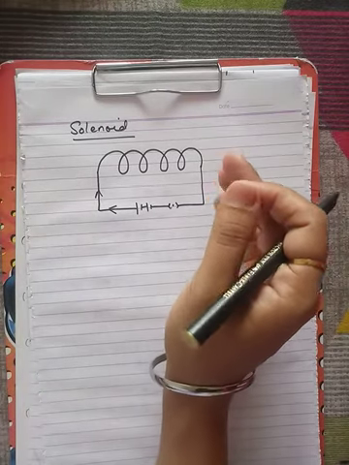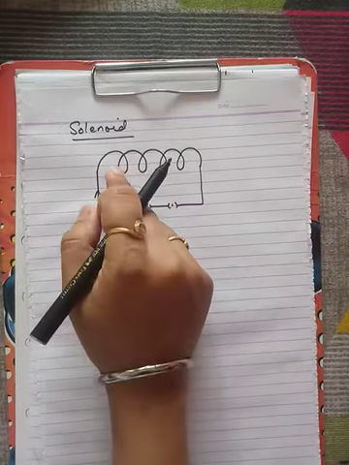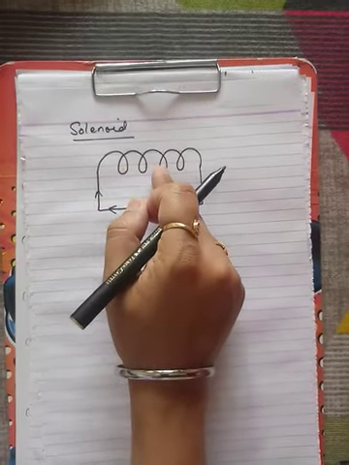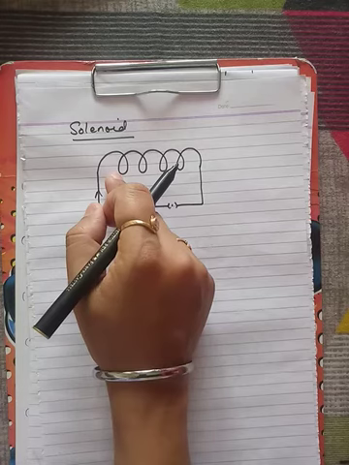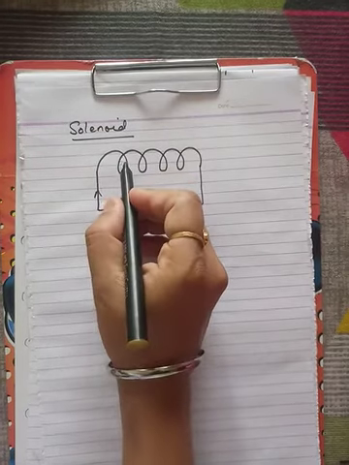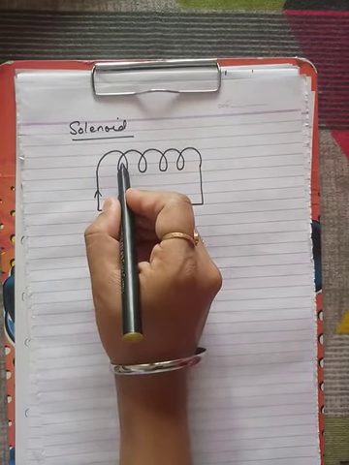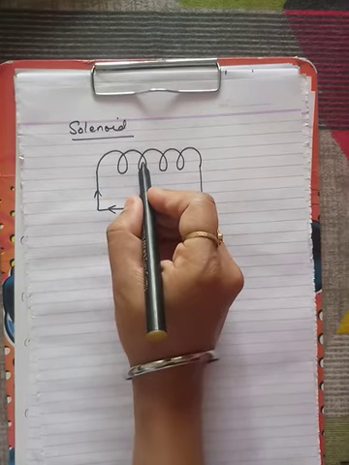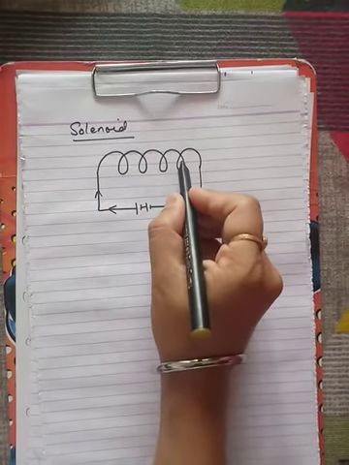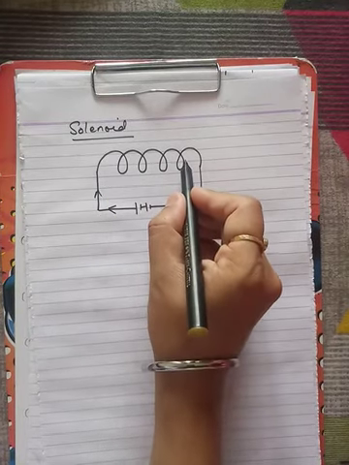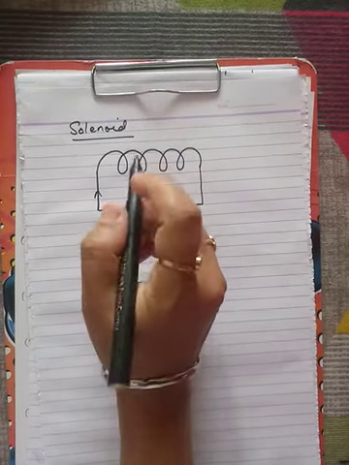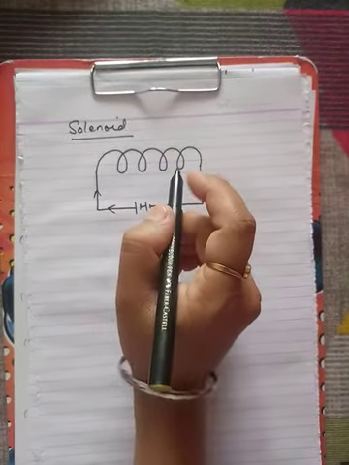It will be a combination of many circular loops. In a single loop, we have discussed that the magnetic field will be strongest in the center, and here also it will be strongest. So the maximum magnetic field will be at the center, and that magnetic field will be uniform also.